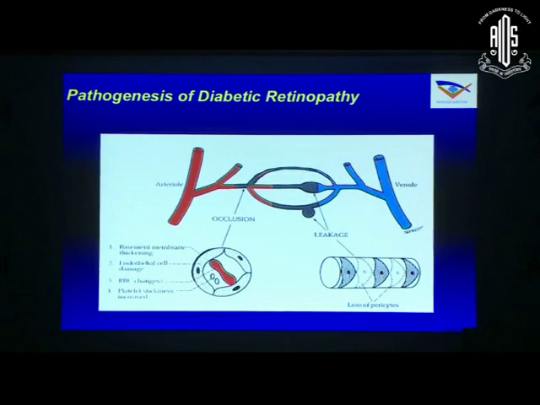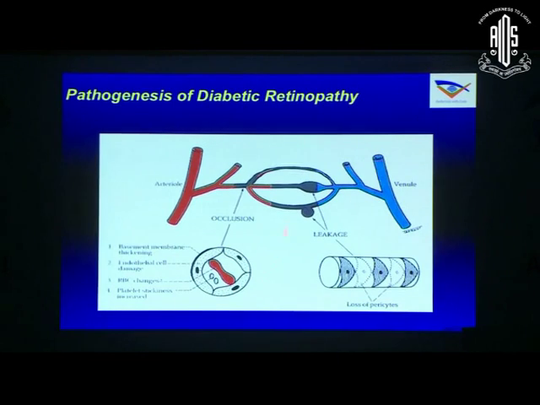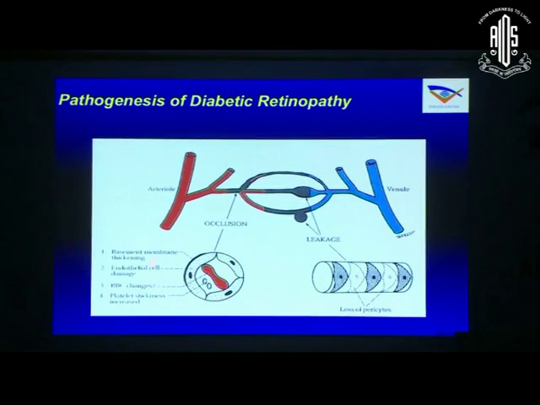A little bit about the pathogenesis of DME. Essentially, there are changes occurring in the basement membrane. There's loss of pericytes. The 1:1 ratio of endothelial cells to pericytes is disturbed. There are changes in the endothelial cells. There are changes in the stickiness of the platelets, and all these features put together lead to occlusion.